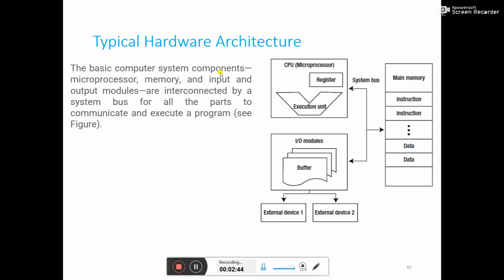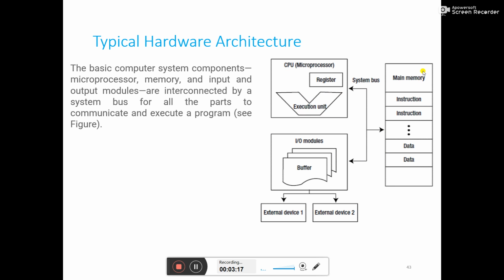The basic computer system components, microprocessor, memory, and input-output modules, are interconnected by a system bus, and all the parts communicate with an executable program. For this we have a microcontroller or microprocessor with some registers and an execution unit. You are students of electronics; you may know the 8085 microprocessor, which has some registers, one execution unit, and a system bus.